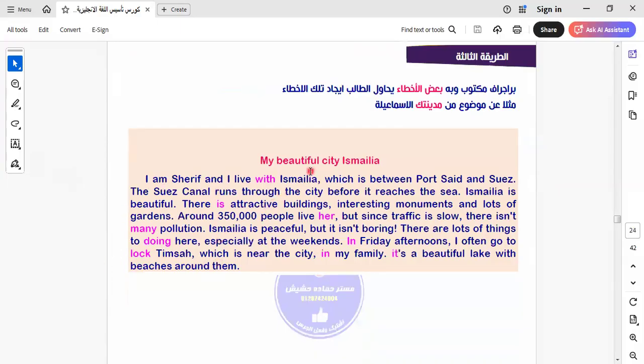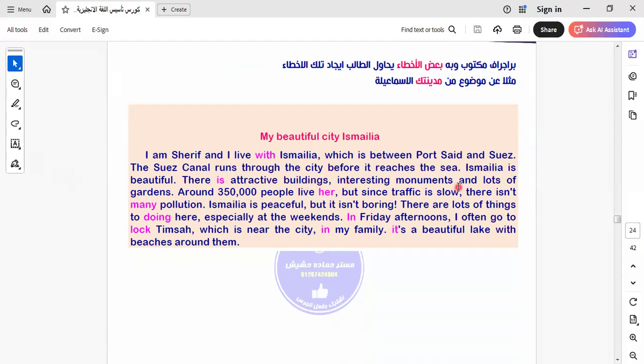Here is another paragraph about Ismailia. I'm Sharif and I live in Ismailia, which is between Port Said and Suez. The Suez Canal runs through the city before it reaches the sea. Ismailia is beautiful. There are attractive buildings, interesting monuments, and lots of gardens.